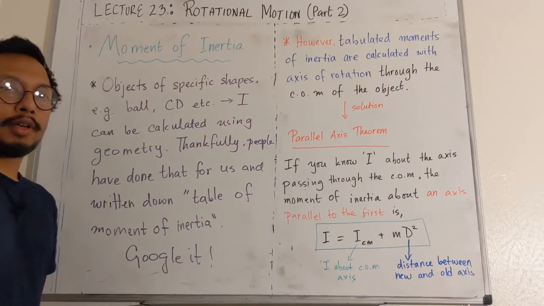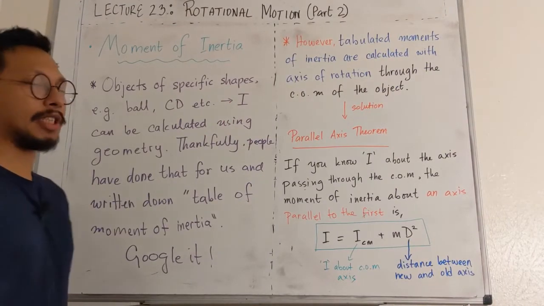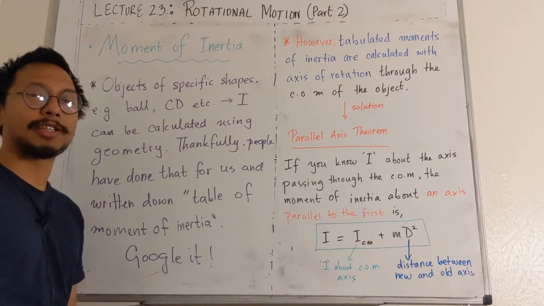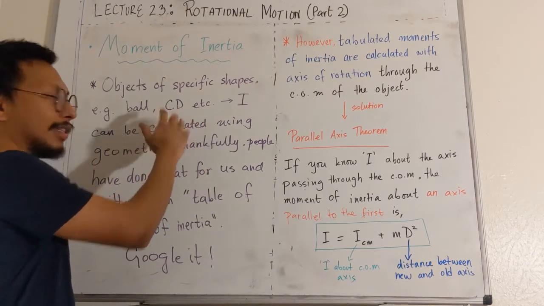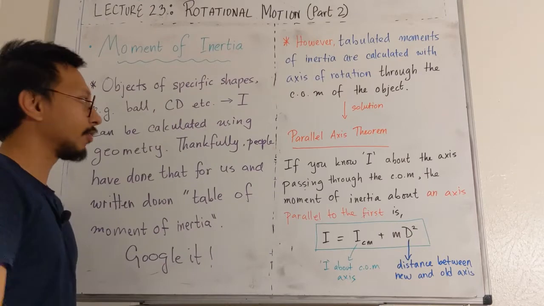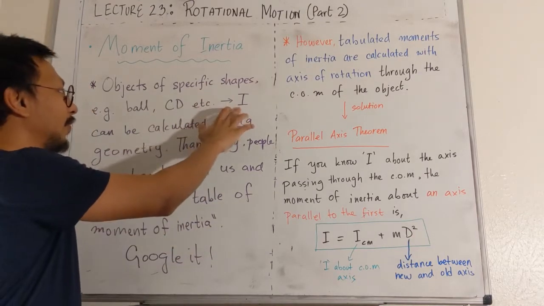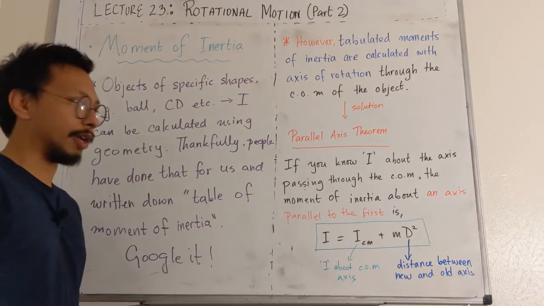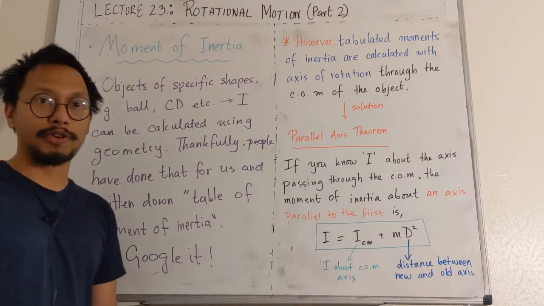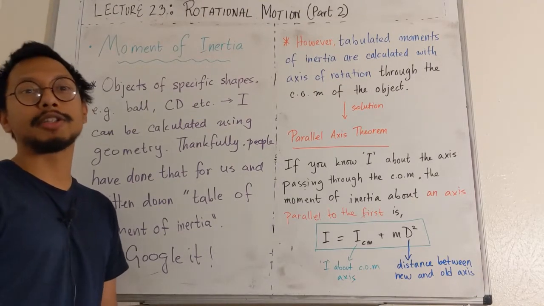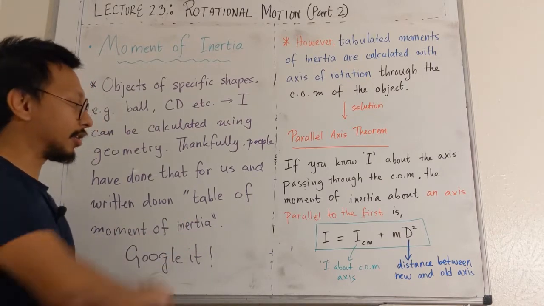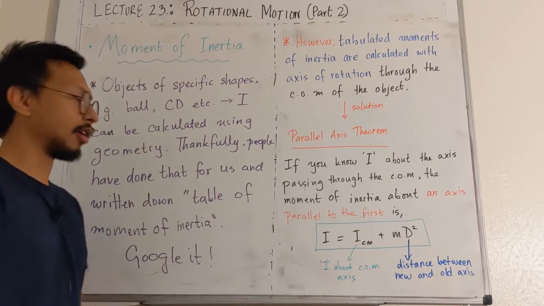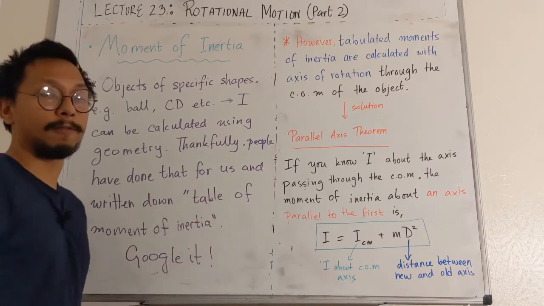Now, what about objects with specific shapes that we cannot model as point-like objects, like a ball or a CD, etc., right? The moment of inertia for these kinds of specific shape objects can be calculated using geometry. Thankfully, we don't have to do that because more clever people than us have already done that and written them down in an organized form in the table of moments of inertia.